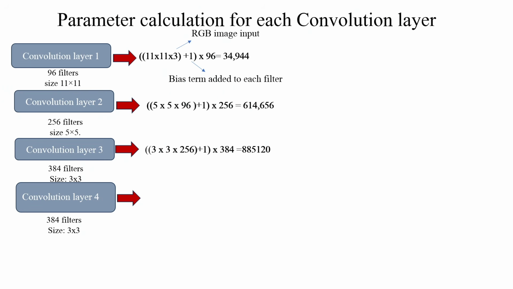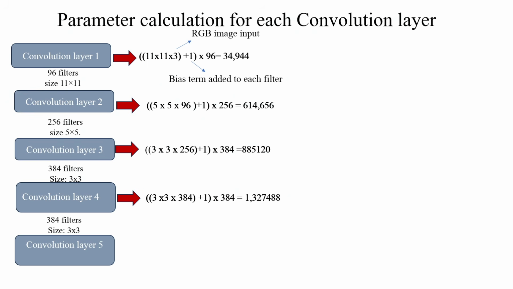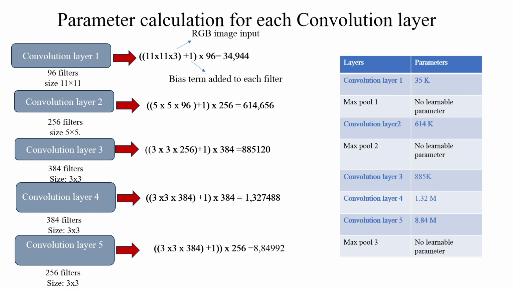Convolution layer 4, 384 filters of size 3 cross 3 are there, and if we do the calculation, it is 1.32 million parameters. And convolution layer 5, similarly 256 filters of size 3 cross 3. If we do the calculation, we get 884 thousand parameters.